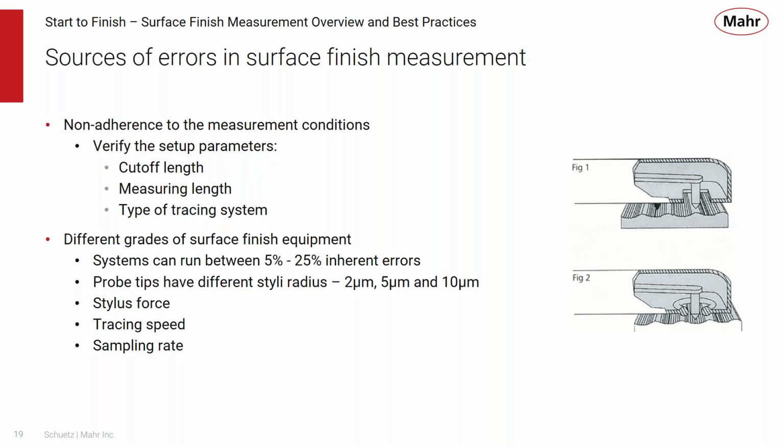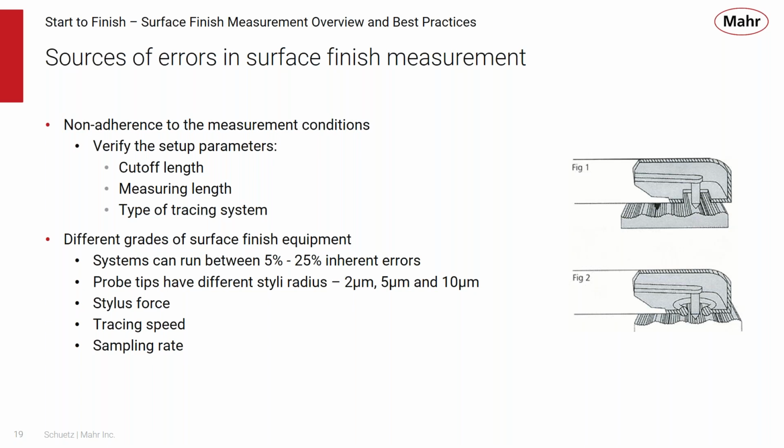So anytime you do a surface finish, you should verify that those parameters are all set up. We have the right parameter, we have the right length, and we have the right tracing system. Otherwise, there's a chance that a measurement I make here or a measurement I make in another factory or another location could come out different, even though the surface finish really might be the same.